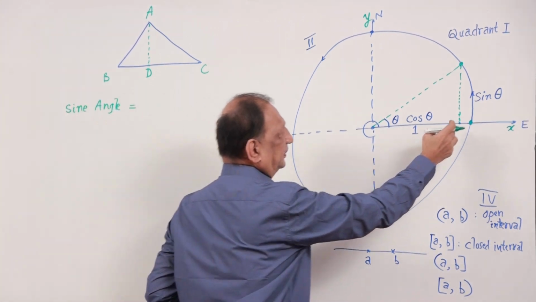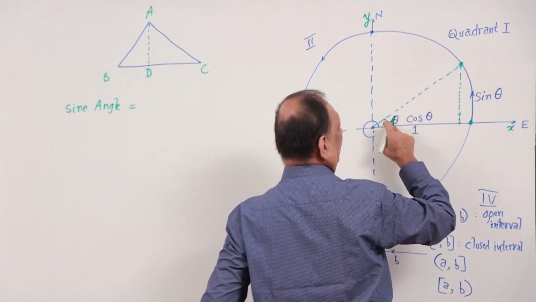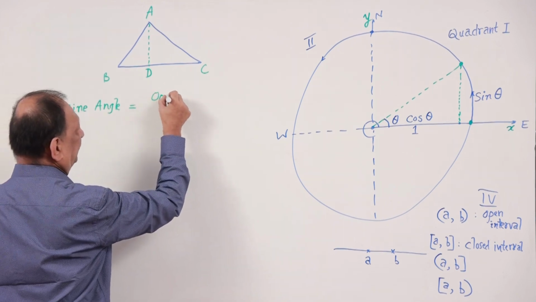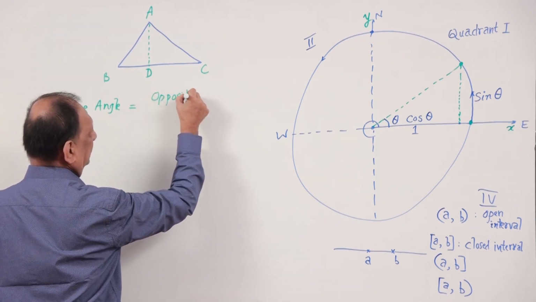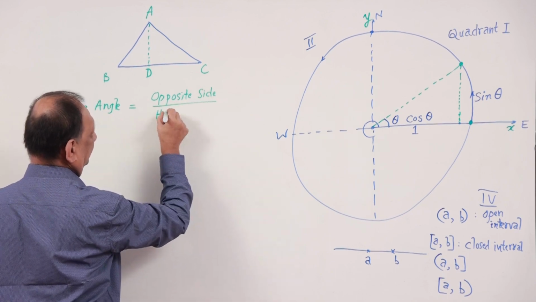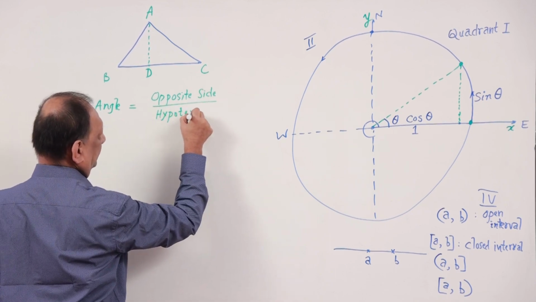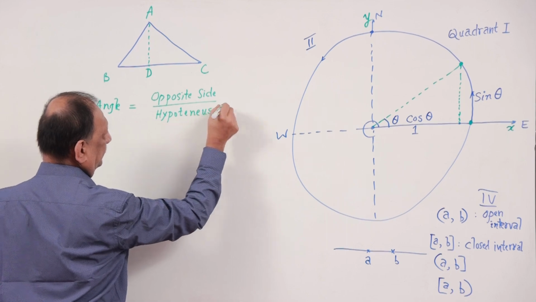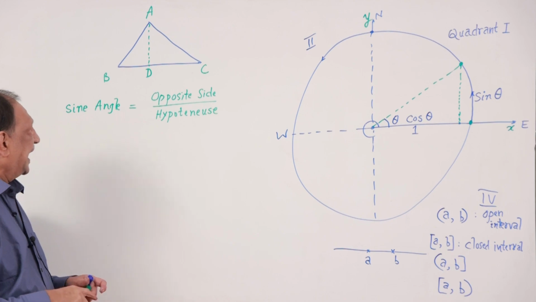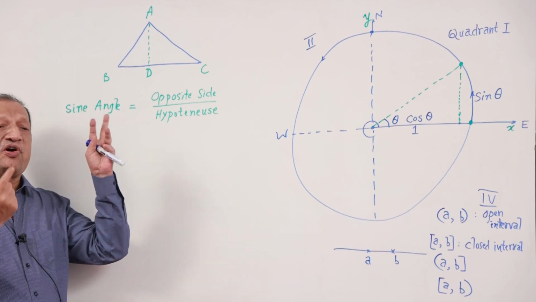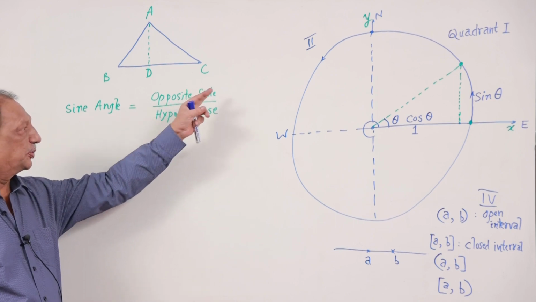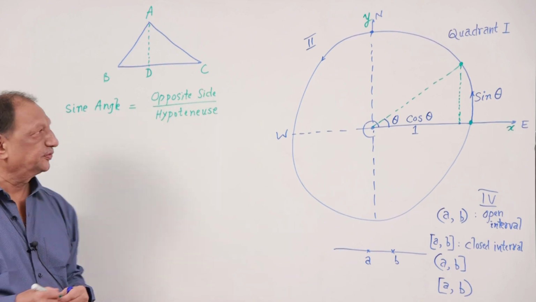If you look at this, sine of an angle is the opposite side, opposite to the angle, divided by the hypotenuse. Sine is always in a right angle triangle, of course. The angle is one of the non-right angles of a right angle triangle. Sine of an angle is opposite side divided by hypotenuse.